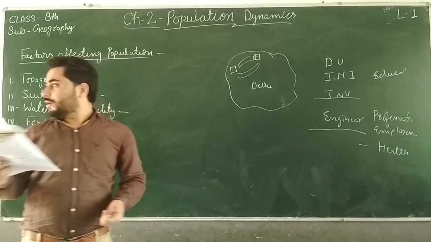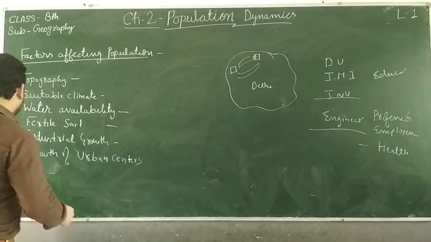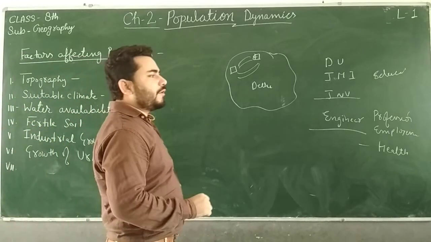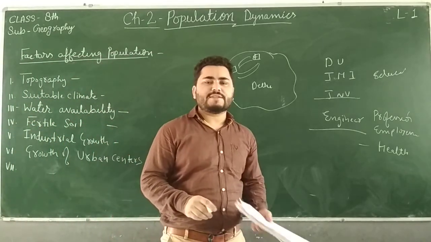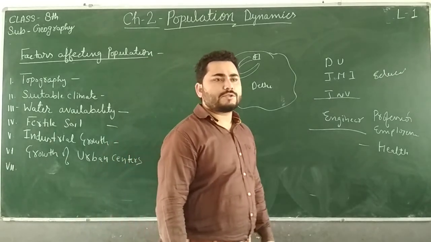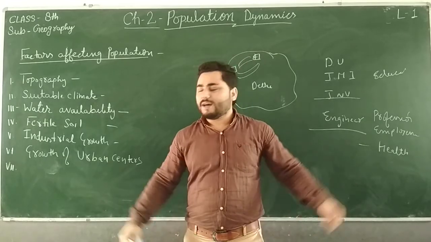Now next is transportation and communication facilities. A place which has better transportation and communication facilities, people prefer to live there. You will not prefer to live in a village or at a place from where you cannot catch a bus and go to your school or your office or at some other place like your khala's house.